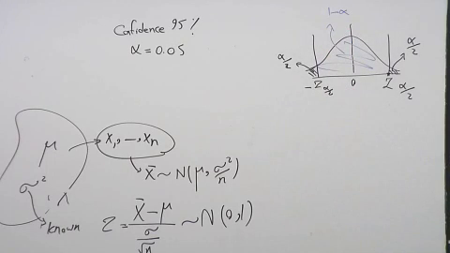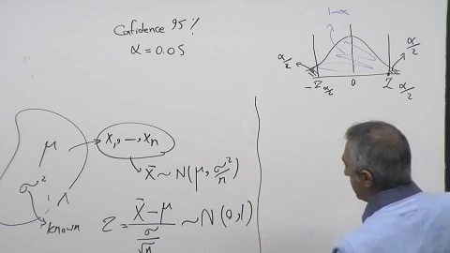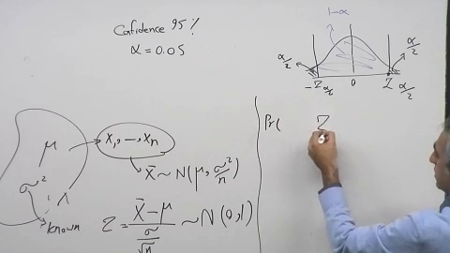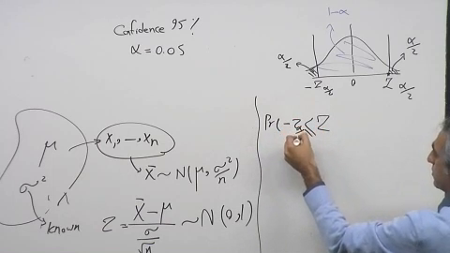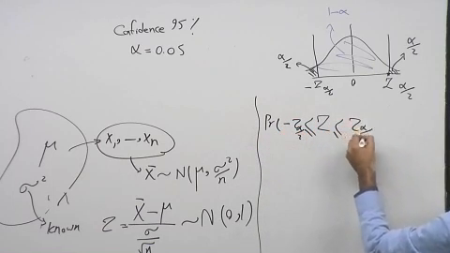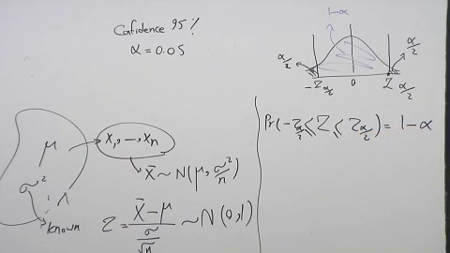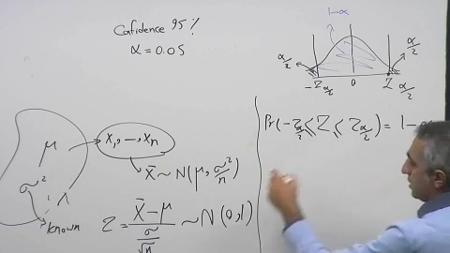So simply, I say the probability of Z between these two numbers is 1 minus alpha, which is the confidence I need. Then I know Z is this.